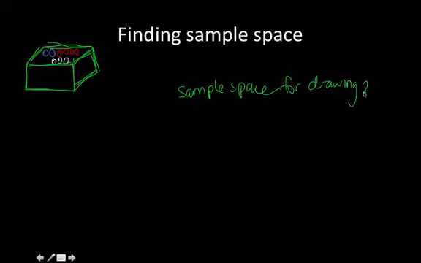And I just want to find the sample space for the event of drawing 2 marbles. And when I draw these marbles, I'm going to take the marble and then keep the marble. I'm not going to put it back.